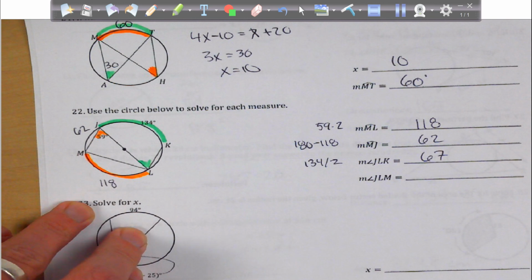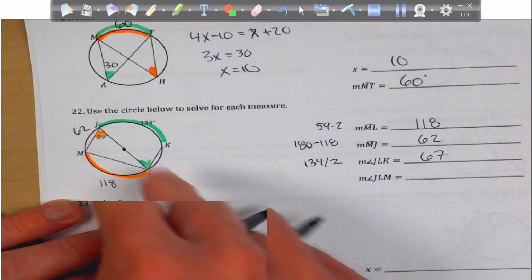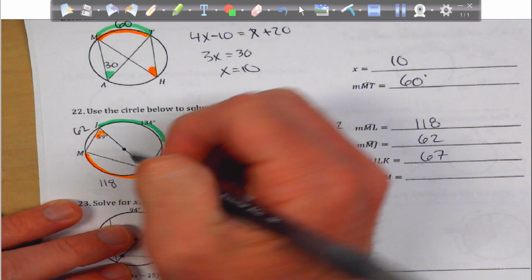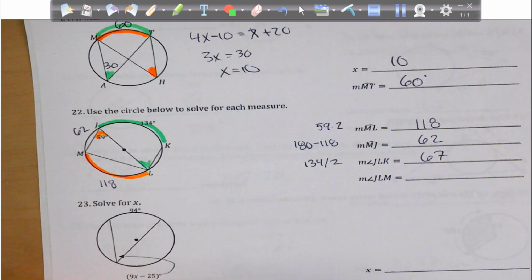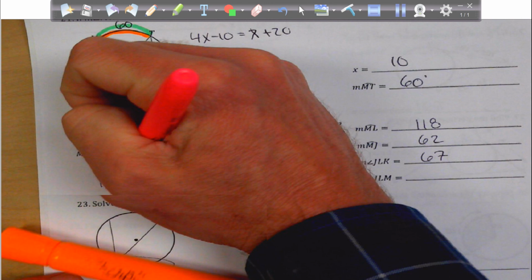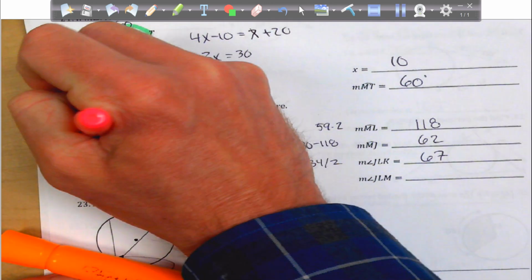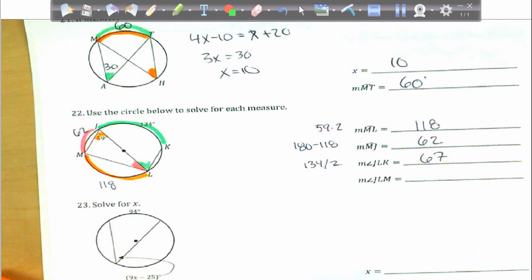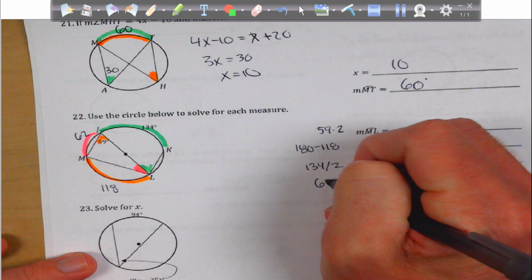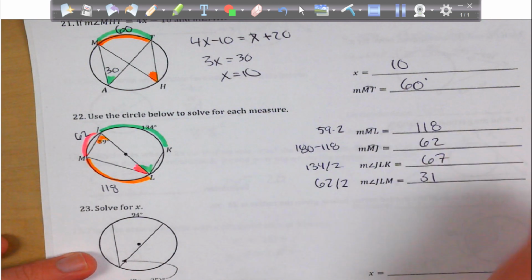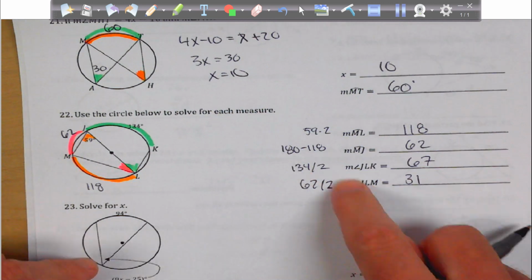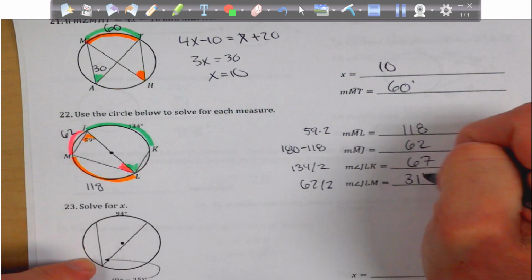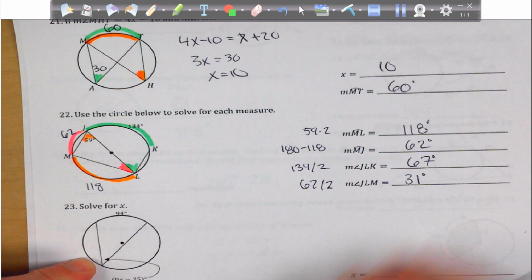And then JLM is this angle here, which we need another color, which is this guy in here, and it opens up to 62, that MJ, so we just have to take 62 and divide it by 2. That's 31. Those are all in degrees, because their M means measure. So degree, degree, degree, degree, no length.